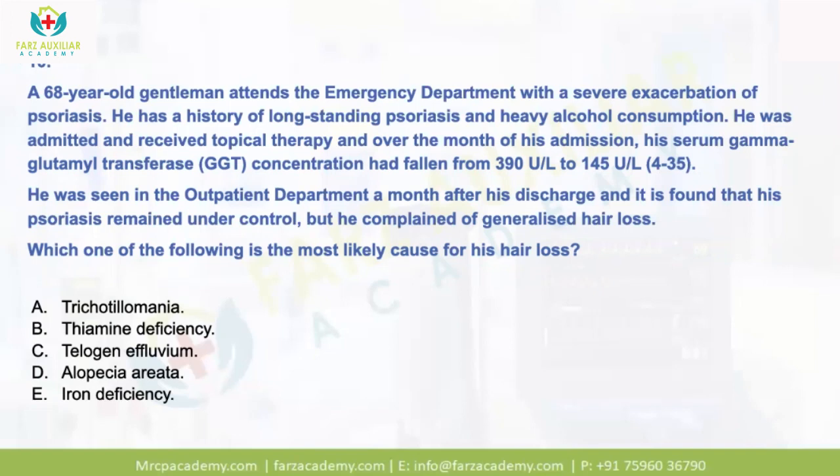He was seen in the outpatient department a month after discharge, found that his psoriasis remained under control, but complained of generalized hair loss. Which of the following is most likely to cause the hair loss? Trichotillomania, thiamine deficiency, telogen effluvium, alopecia areata, or iron deficiency.